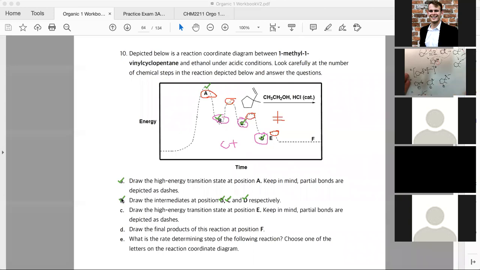And remember, any bond that is forming or breaking has to get a dashed line. So remember, it's this final deprotonation step where the lone pairs on the oxygen are going to pull the hydrogen away. So essentially that looks like this. And then you're gonna break that current oxygen-hydrogen bond. So that one breaks.